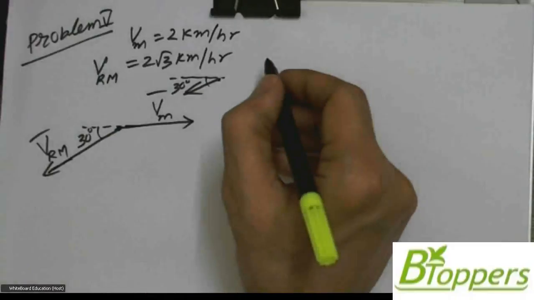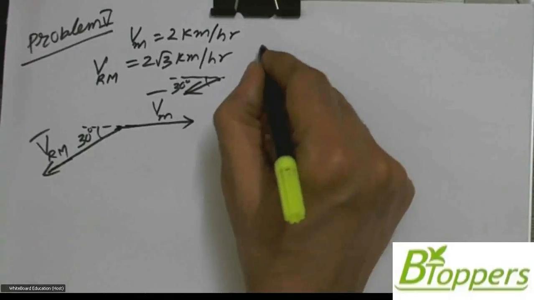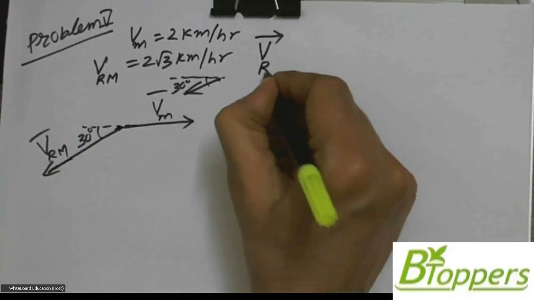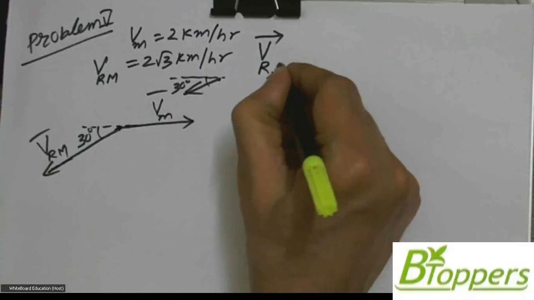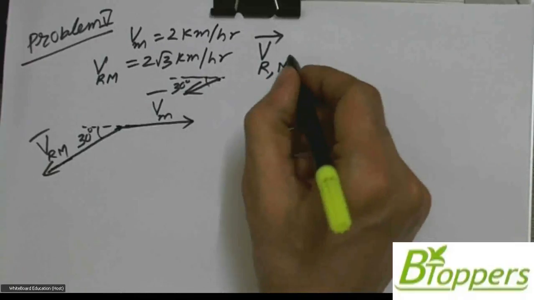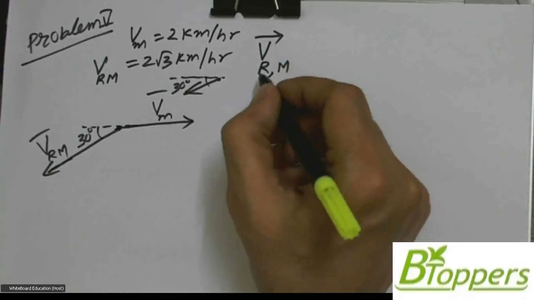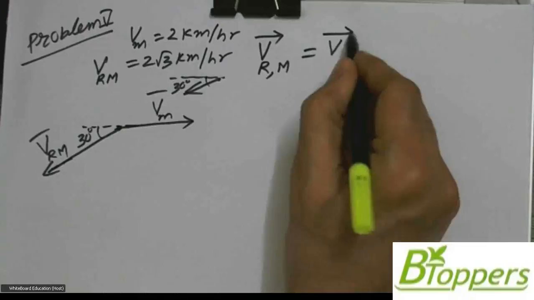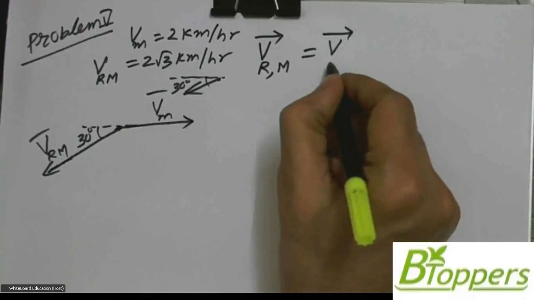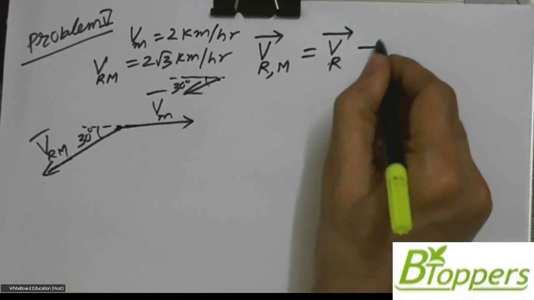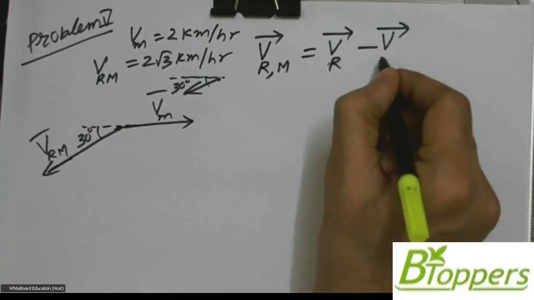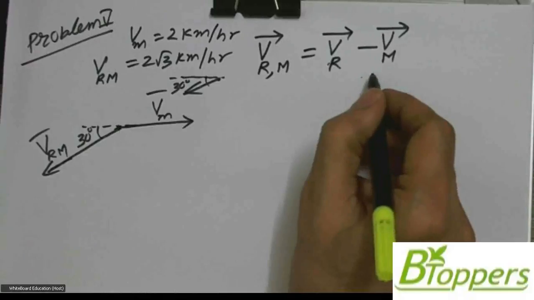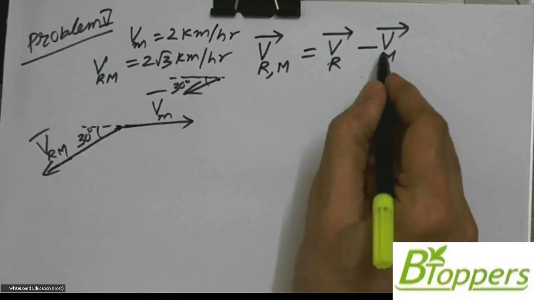So the relative velocity of the raindrops with respect to the man, I denote it by V bar subscript R comma M, or V bar subscript RM. You can write it as the vector difference of the actual velocity of raindrops and the velocity of the man.